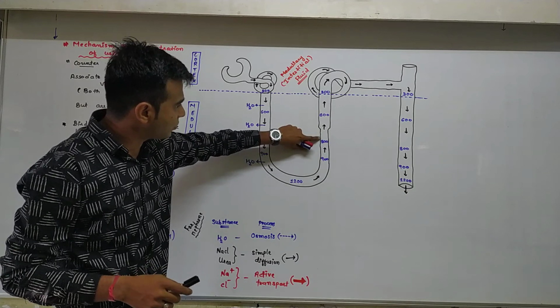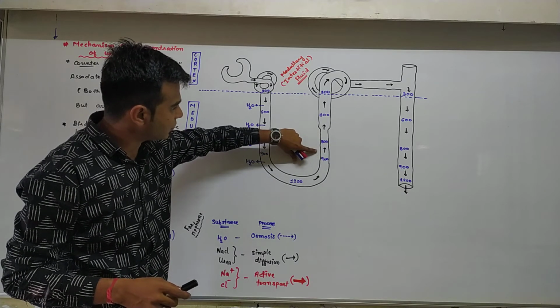Henle, and you know that the ascending limb has two parts, a narrow part and a broad part.